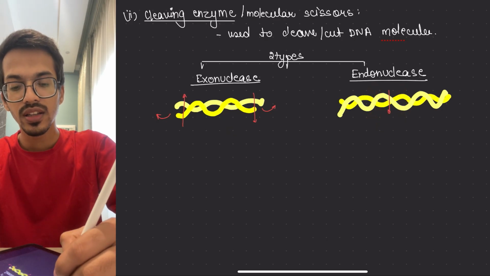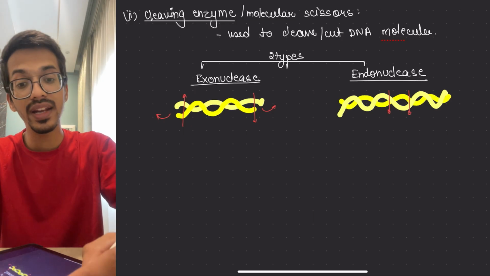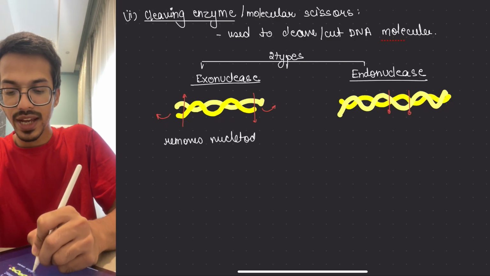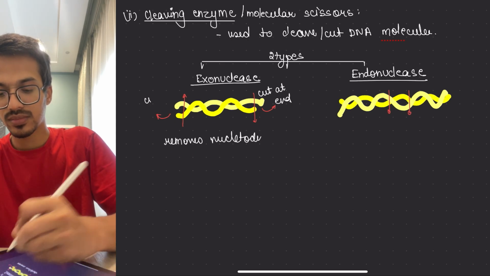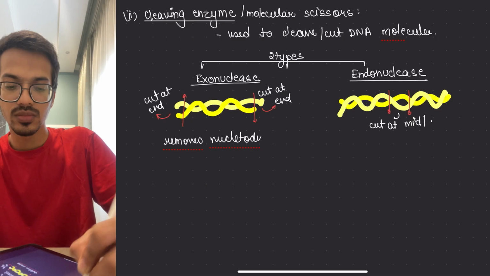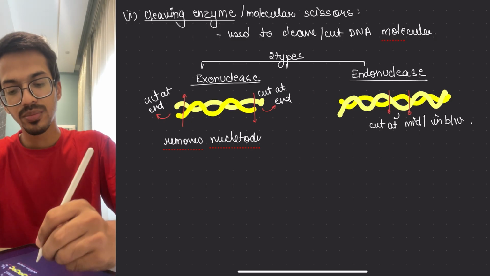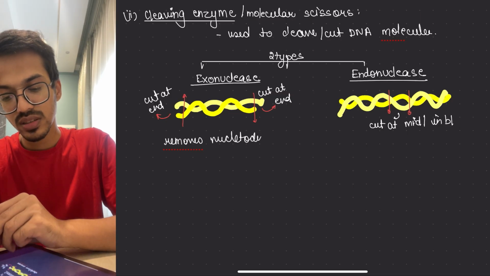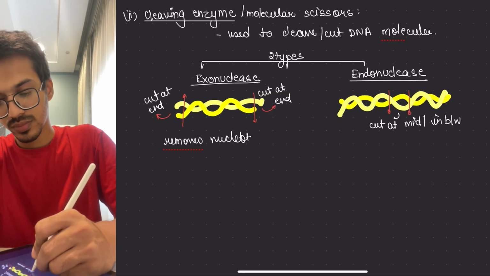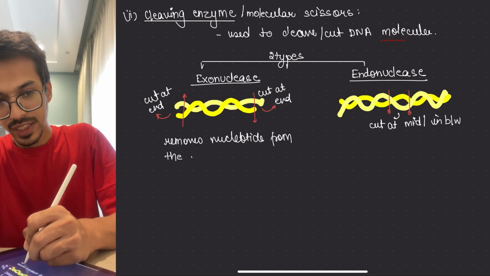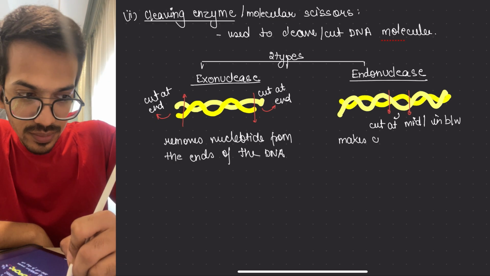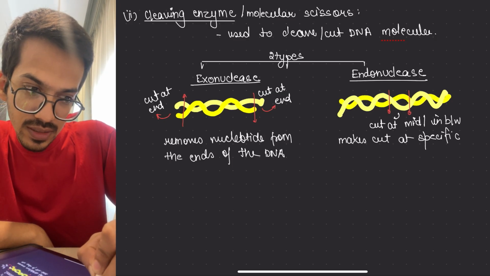Endonuclease is the main one we need to understand in detail. Exonuclease removes nucleotides, cutting at the end, whereas endonuclease cuts in the middle. Exonuclease removes nucleotides from the ends of the DNA, whereas endonuclease makes cuts at specific positions.